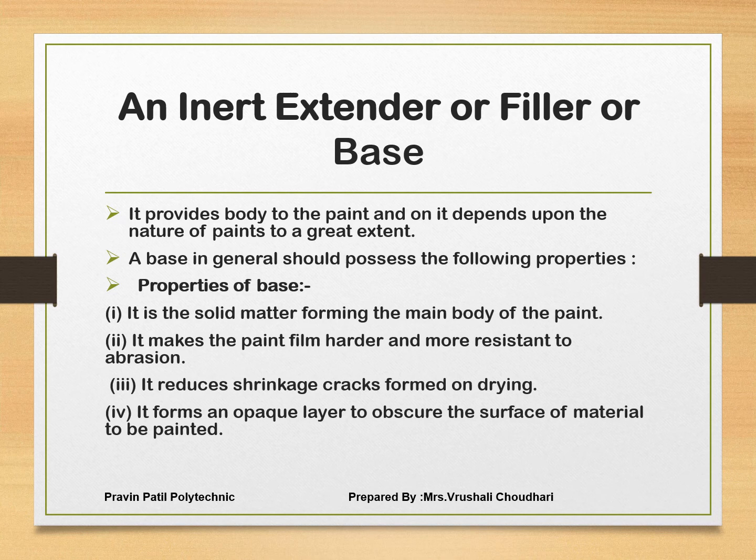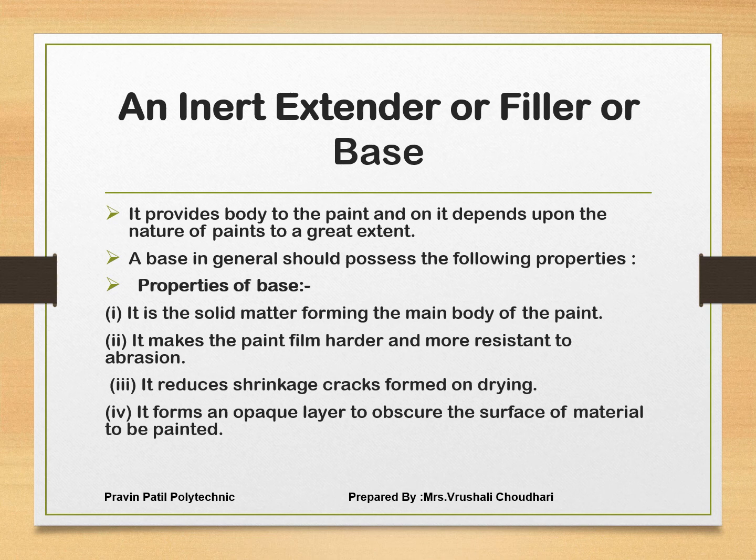It makes the paint film harder and more resistant towards abrasion. If we use only pigment in a paint, the paint will become very dark and it will not give you any color, and it is not going to become hard and tough. So due to the presence of the base, it becomes harder and resistant towards abrasion.